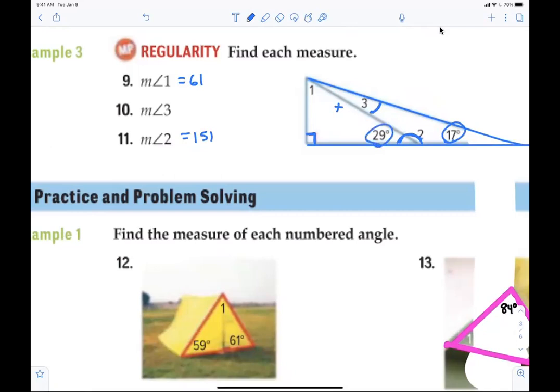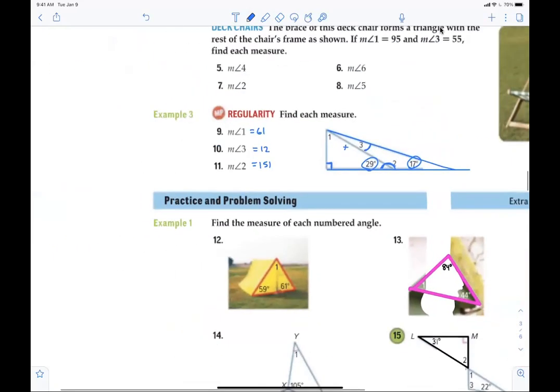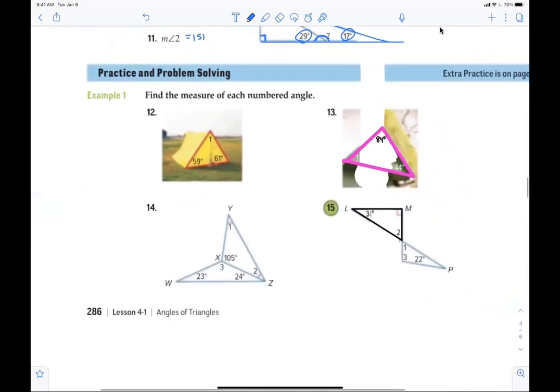Now, again, that was just something I observed. Do I have to do that? No, you don't. You can add the two angles, subtract from 180, and that's always the other third angle. Hopefully you're feeling good. I told you, very easy.